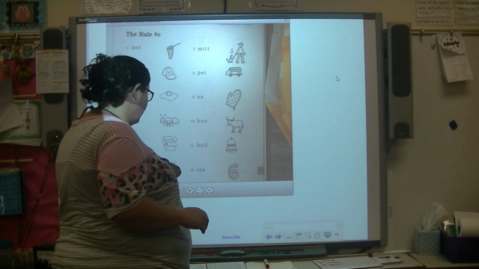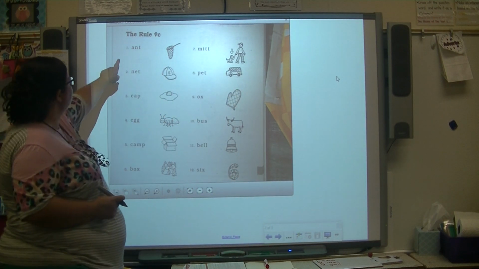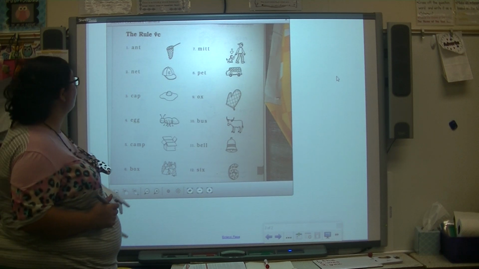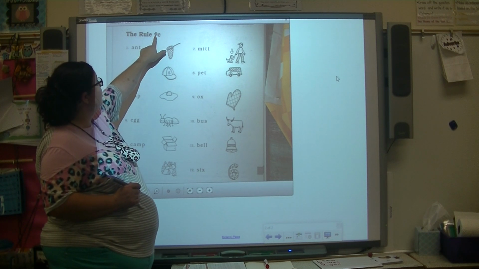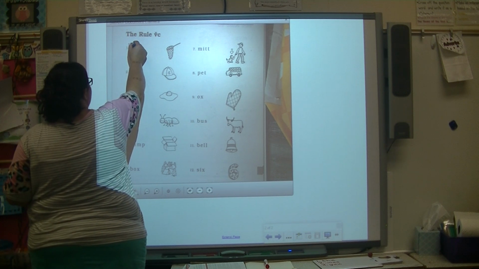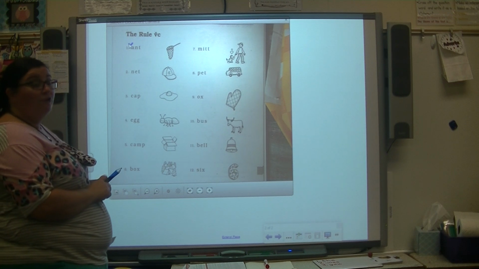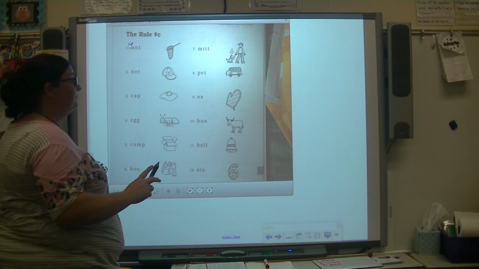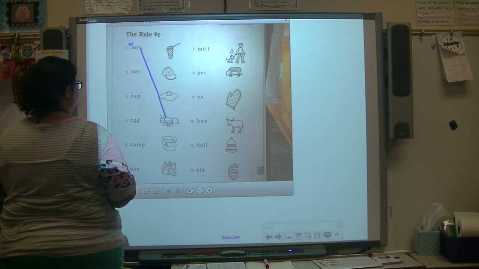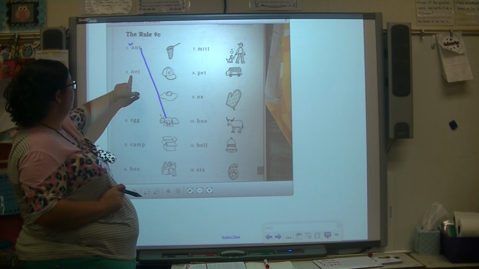We are encoding the word ant. Find your vowel. All right, is there a consonant behind the vowel? Yes, there is. So our rule is a vowel followed by a consonant is short. So code your vowel short. All right, and then you will draw a line from the word to the picture. All right, number 2.